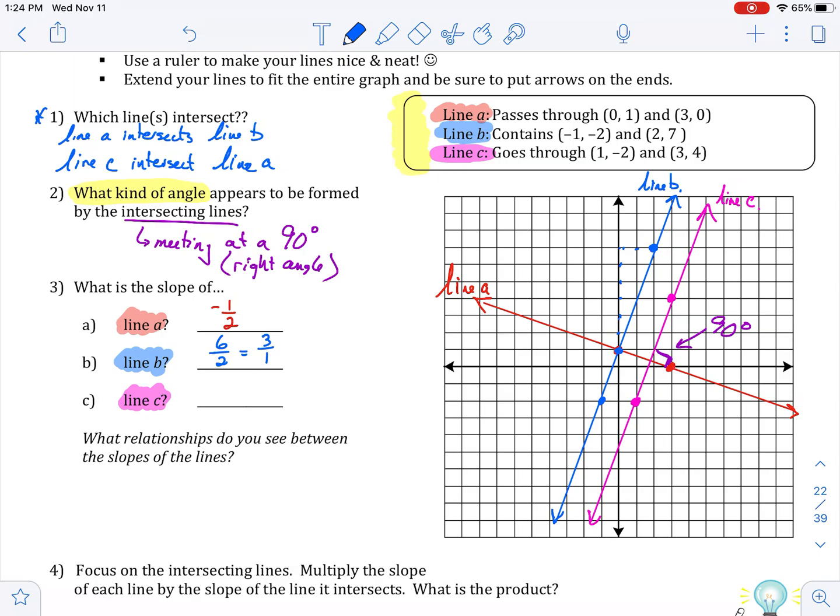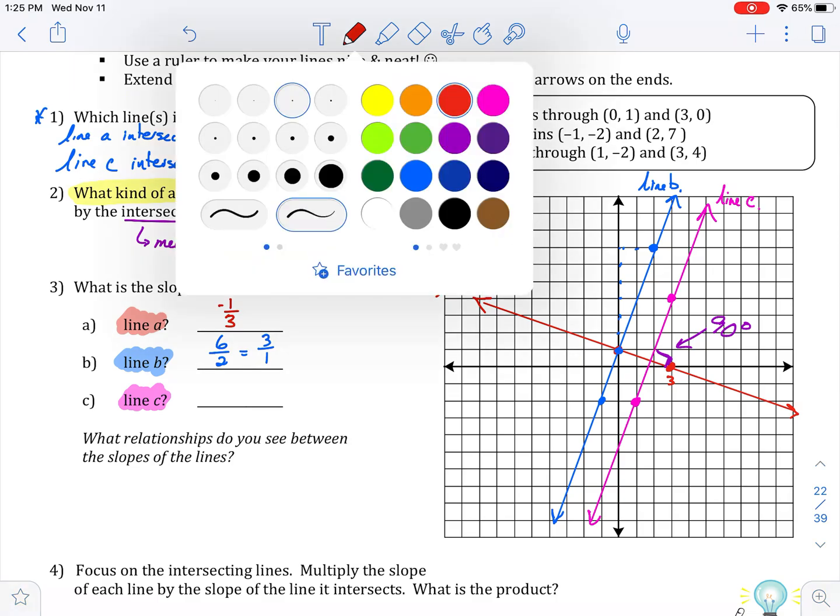And please allow me to correct this here. That is not negative 1/2. If I count that out from the graph a little bit better, sorry, I was off by 1. This is over 3, so this is negative 1/3. Not negative 1/2, sorry, I lost a tick mark in there.